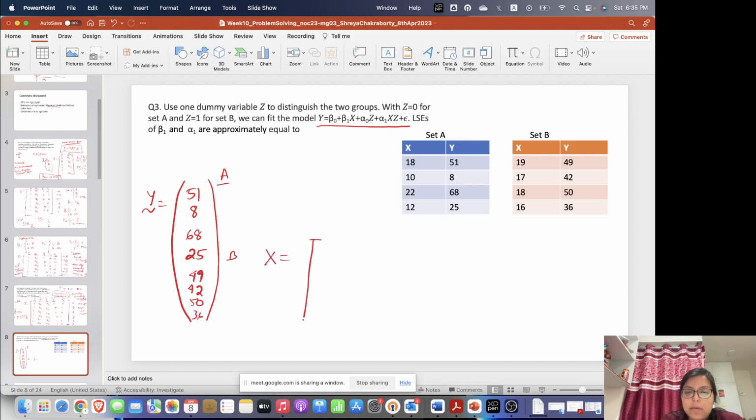Our x would be, so before even that, let us write our beta, the coefficient vector. So this would be beta naught, then beta 1, then we would have alpha naught, then we would have alpha 1.